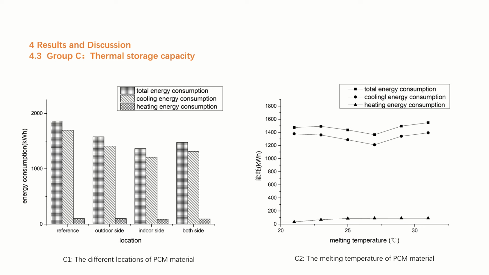And these simulation results of C group indicate that the optimal location of PCM layer is outside the insulation layer. And the right figure shows that the most energy-saving melting temperature is 12.7 Celsius degrees.